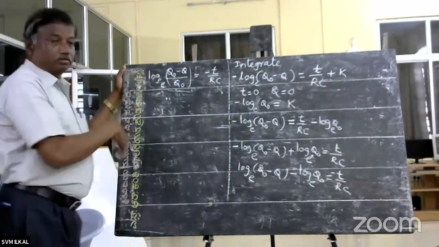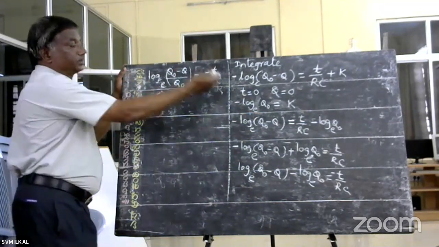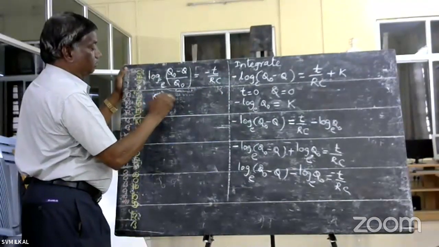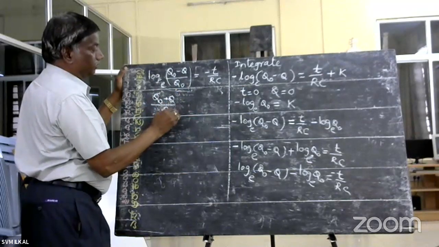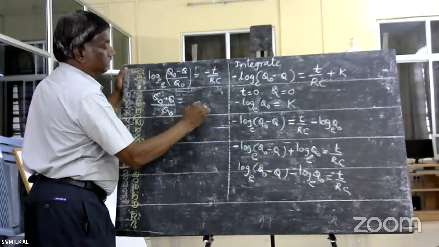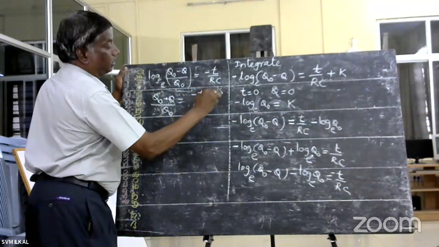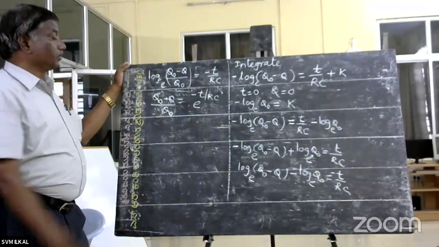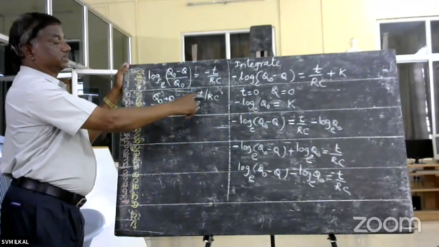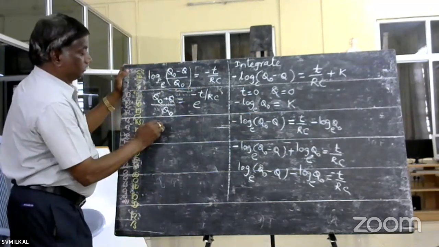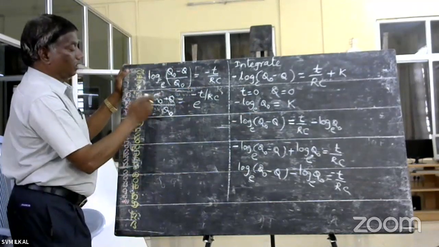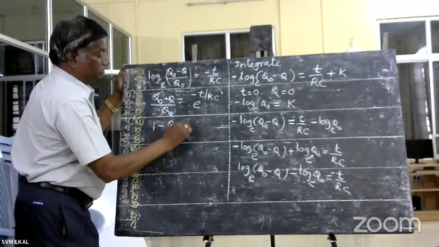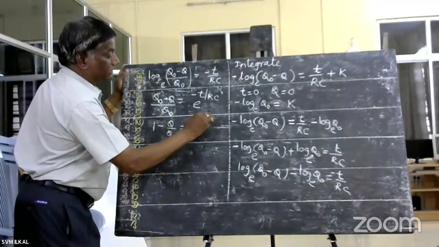If you remove the log at the left side, you should take the exponential term at the right side. That's why (Q naught minus Q) divided by Q naught is equal to e raised to minus t divided by RC. Or that is, Q naught by Q naught is 1, minus Q by Q naught is equal to e raised to minus t by RC.